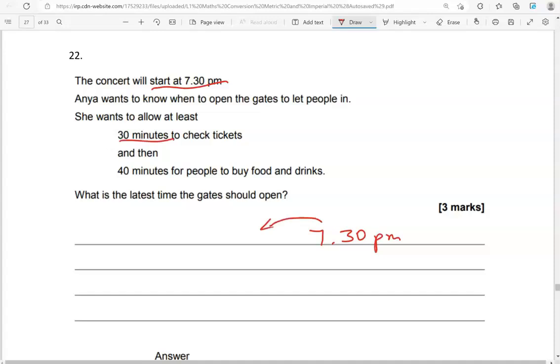So going back by 30 minutes will take us to 7 p.m. Then going back by 40 minutes will take us to 6:20 p.m. because 60 take away 40 gives us 20.